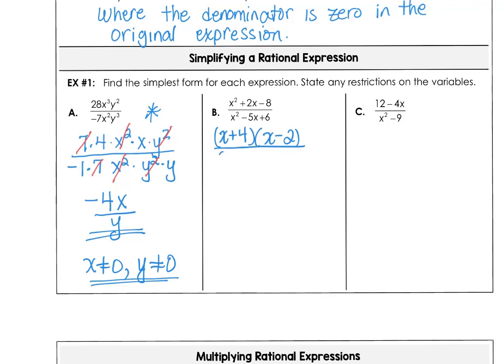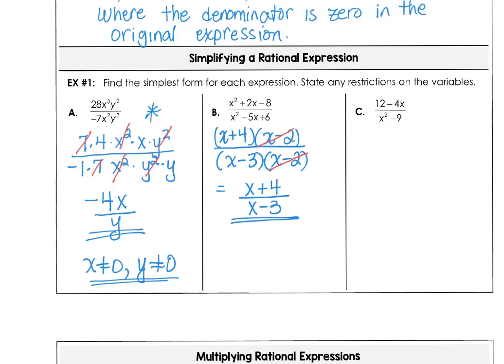And in the denominator, factors of 6 that add up to -5, we would need to have a negative times a negative. So 3 times 2 would work. Then we could take out the common factor of x minus 2, and that would leave simplest form as x plus 4 divided by x minus 3.